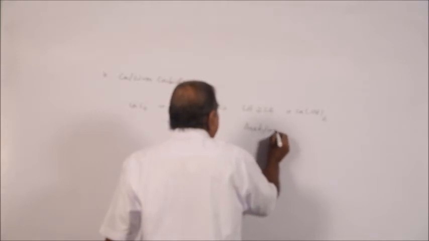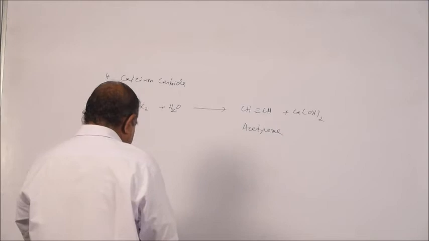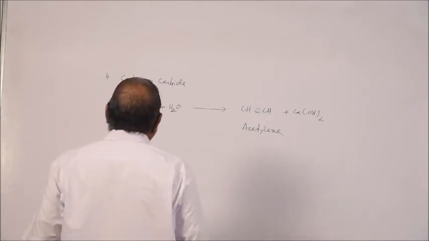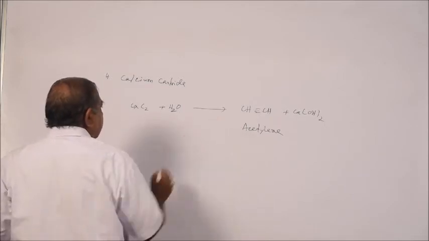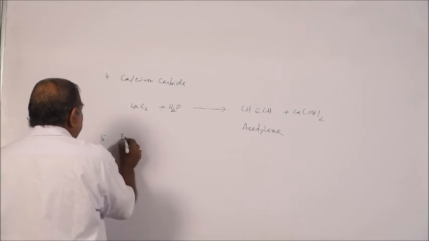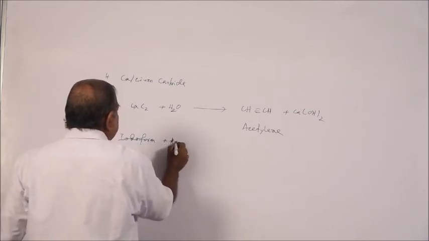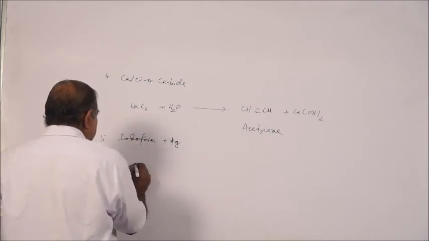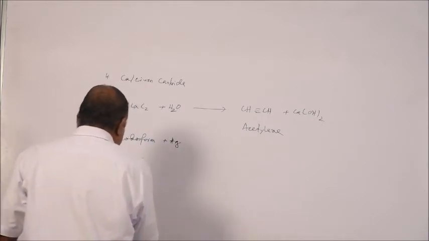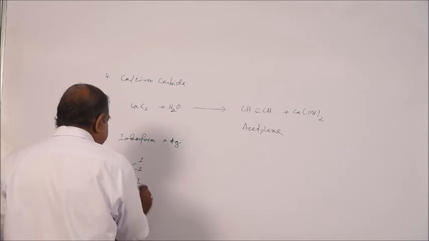Remember, there are two carbides. One is aluminum carbide, which on treatment with water gives methane. Already I have told you in connection with alkane. This is calcium carbide treated with water giving you acetylene. When iodoform is heated with metallic silver, it gives you acetylene also. This is iodoform, CHI3.